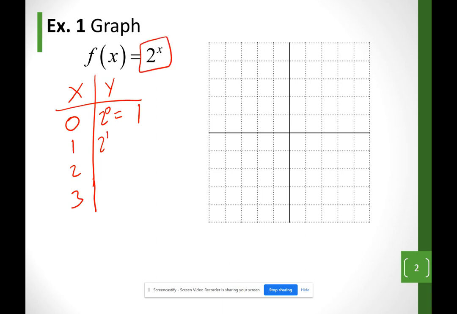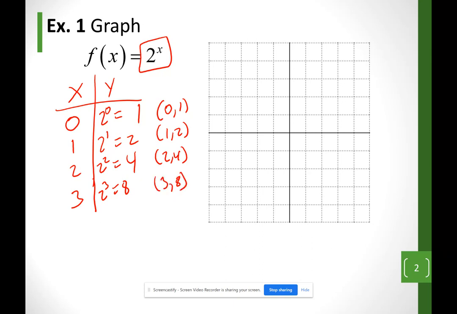I'm replacing x with the value that I think of. 2 to the 1 is 2. Now here I'm going to think 2 to the 2. Well, 2 to the 2 is 4. 2 to the third is 8. So if you notice, I have the points (0, 1), (1, 2), (2, 4), (3, 8).